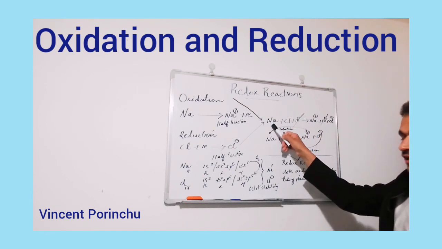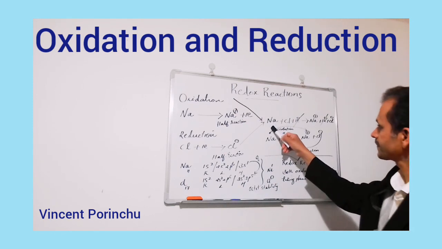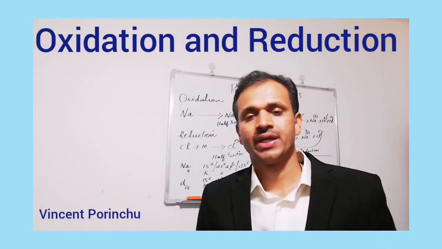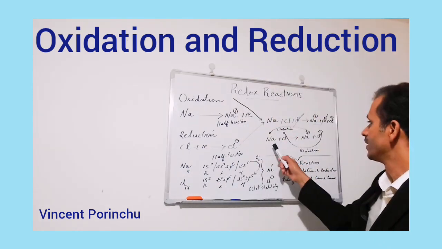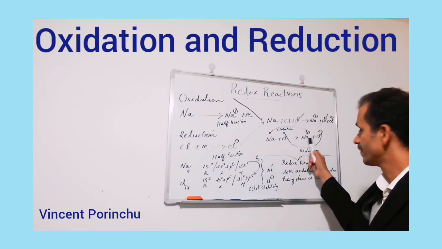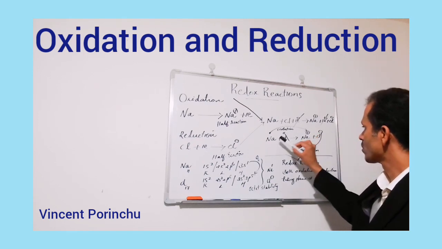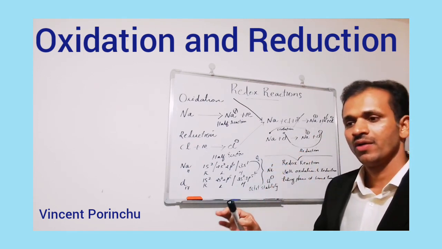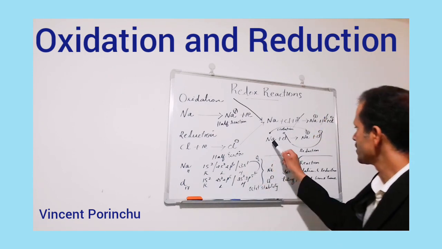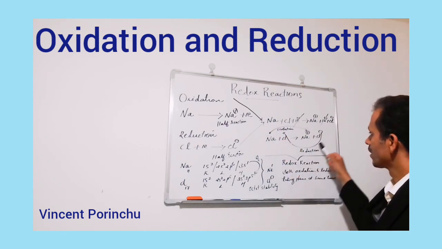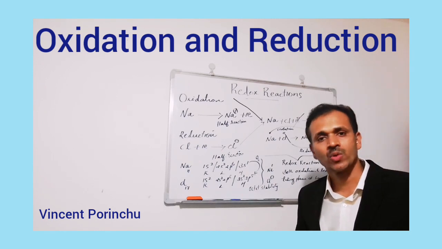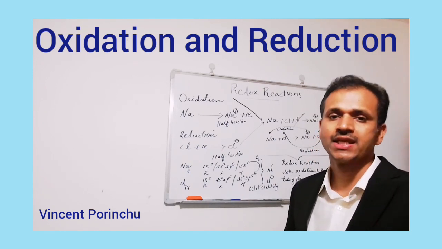The rest of the reaction is Na plus Cl gives Na positive, Cl negative. In that reaction, we can see both oxidation and reduction, so this reaction is known as a redox reaction: sodium plus Cl gives sodium positive plus Cl negative.